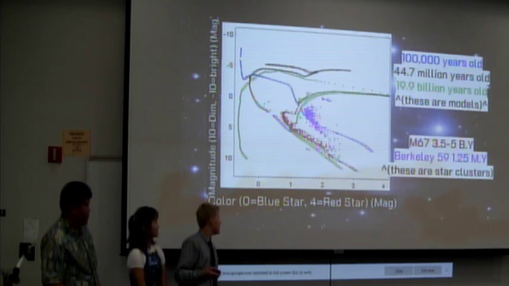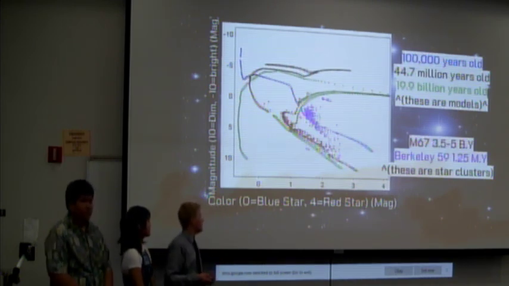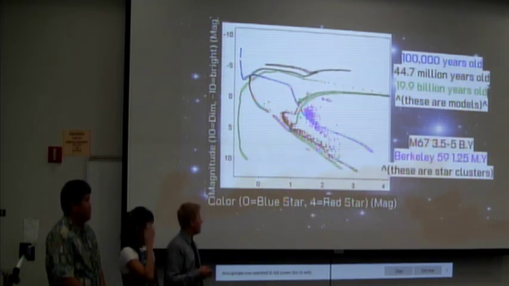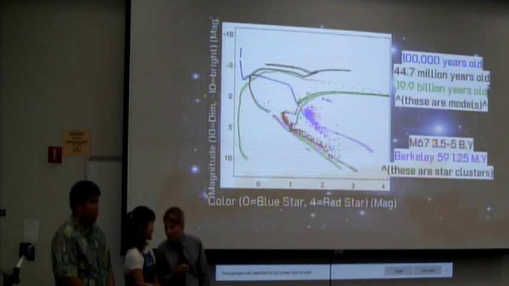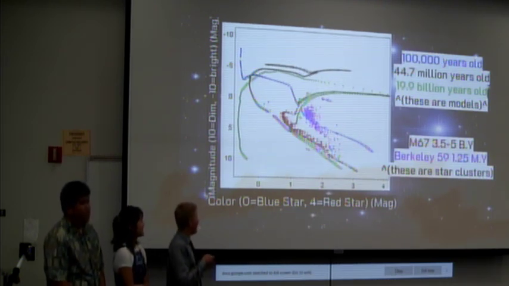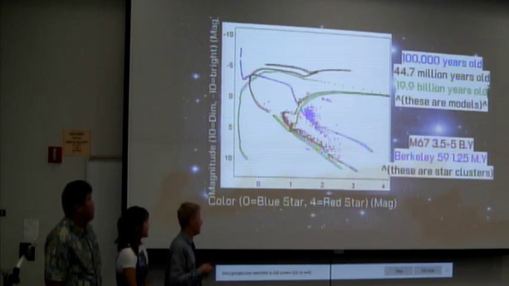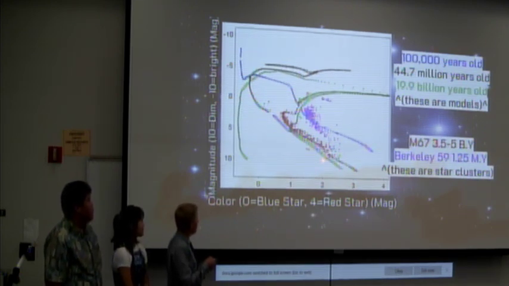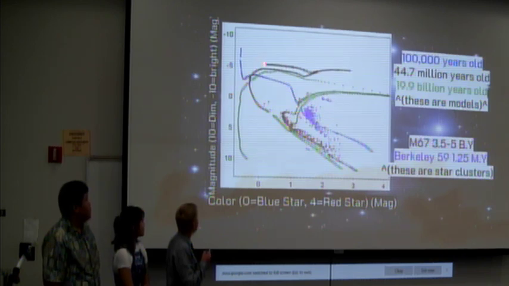Right, so this graph is primarily focusing on the isochrones and a couple of star clusters that we chose. So these are the isochrones, these colorful lines.